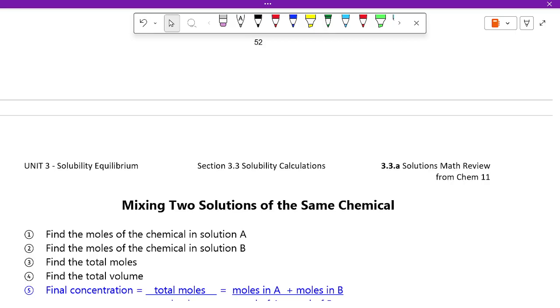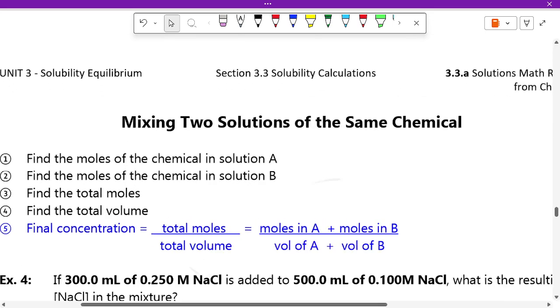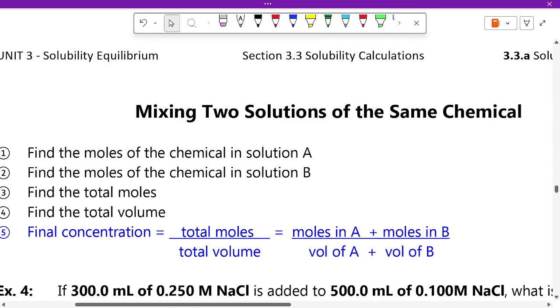Okay. Mixing two solutions of the same chemical. Now this one, you really do have to use the mole method. Technically that's not quite true, but one of the ways of doing it is to use the mole method. So let's say our chemical is NaCl, for example. Yes?